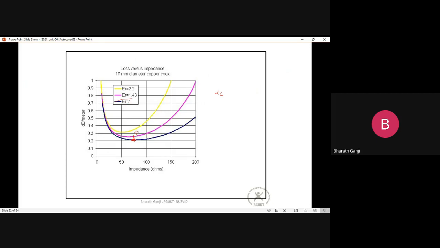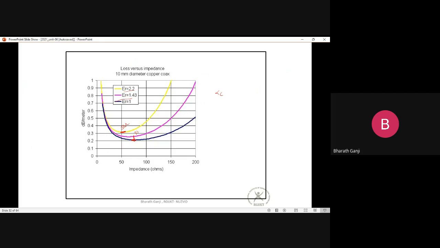But now if you change epsilon r to 2.2, polyethylene filled or so, then you can see that the minimum attenuation is actually shifted to 50 ohms. So by filling the dielectric medium, your attenuation constant is changing a bit, or I can say your attenuation constant is increasing. And because of the dielectric losses, you also get an attenuation contribution.